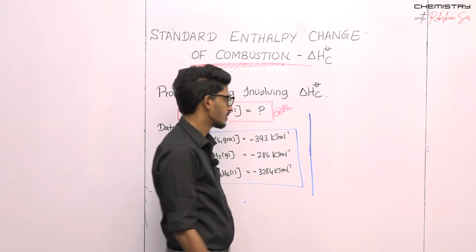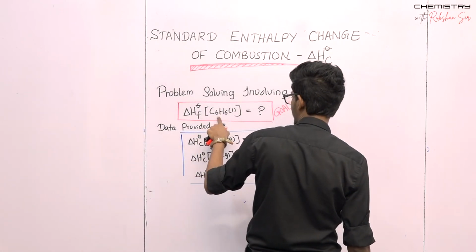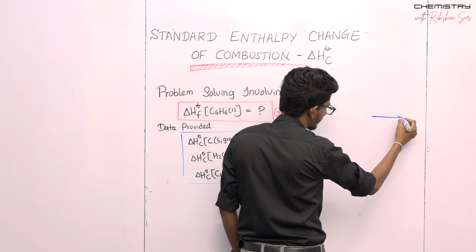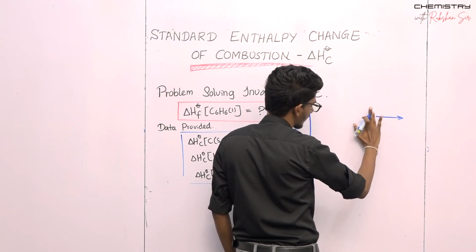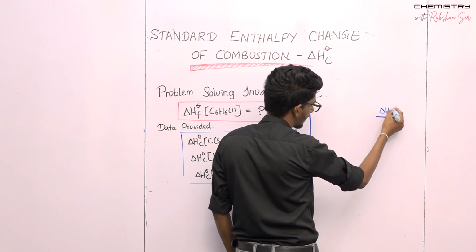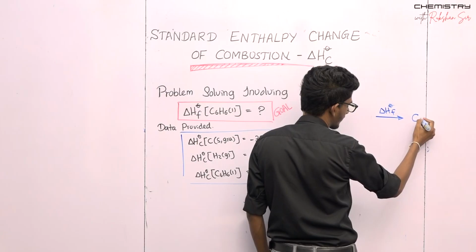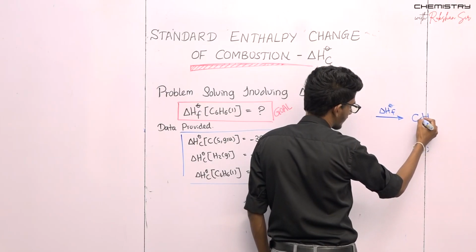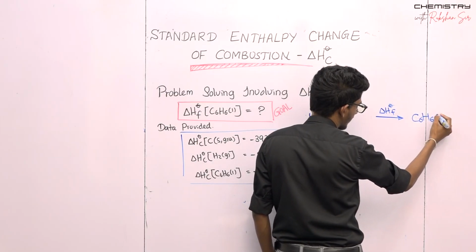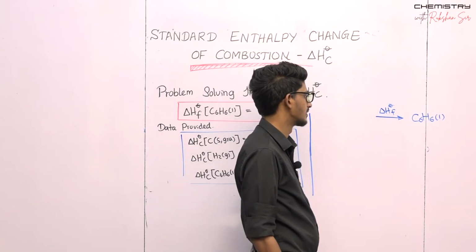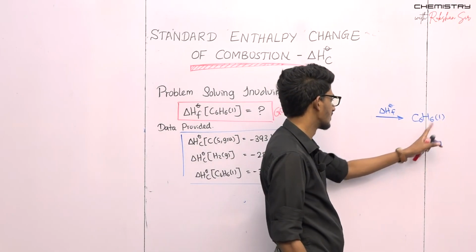So this is delta H naught F of C6H6 liquid. C6H6 liquid is where the 1 mole should stand. This is the formation of C6H6 liquid; 1 mole should stand with this compound.